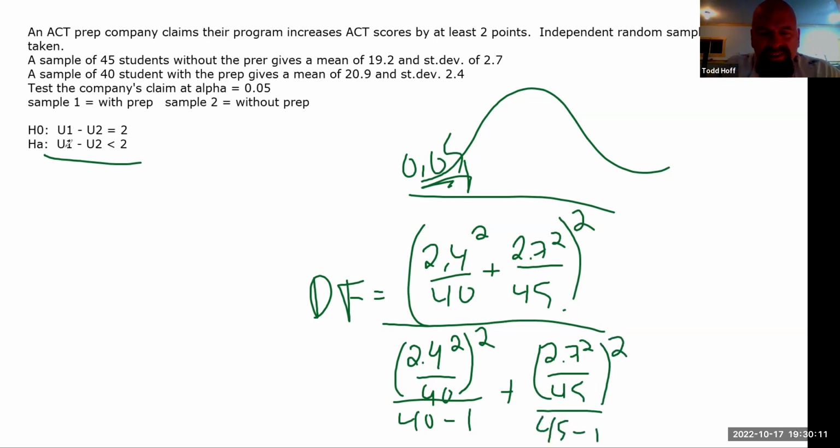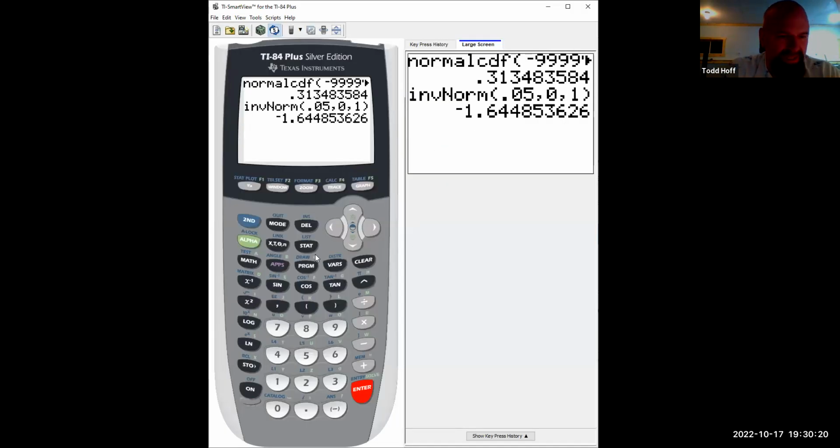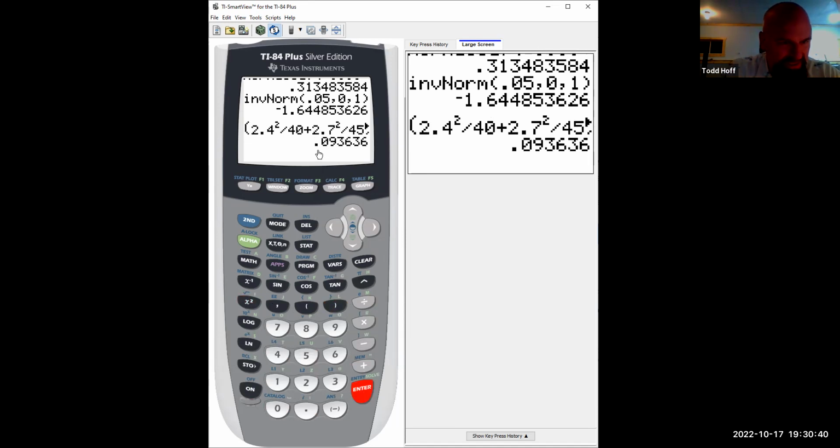Well, let's give this a shot here in the calculator. I say give this a shot because there's a lot of keystrokes here, and even I have had some issues at times getting this one going right. So we've got 2.4 squared divided by 40 plus 2.7 squared divided by 45, close parentheses and squared. So we get the numerator of 0.093636.